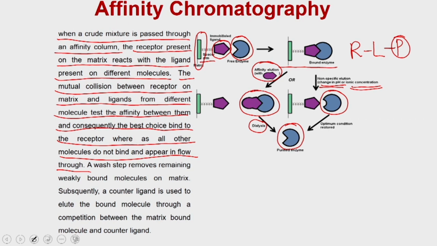All other enzymes are not going to have the affinity, so they will go into the flow through. Then you do a mild wash step, which will remove the weakly bound molecules on the matrix, and then you add a counter ligand which is going to elute the bound molecule through a competition between the matrix and the counter ligand.